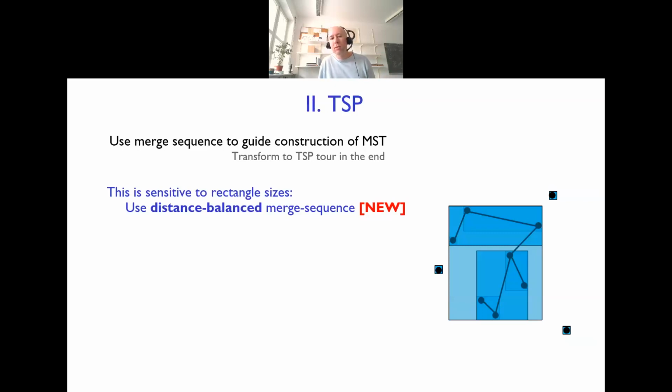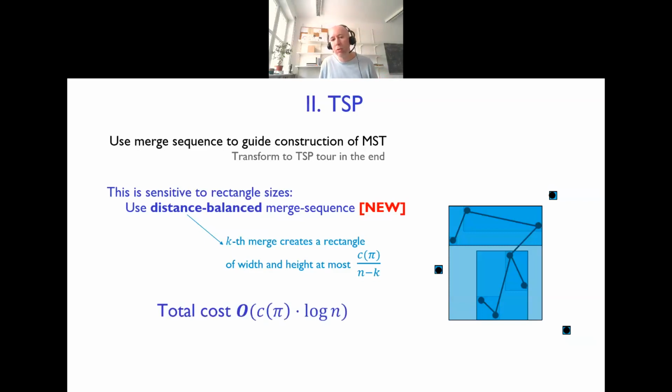So we have to modify this merge sequence, and we introduce a distance balanced merge sequence, which may be of independent interest, where we make sure that the kth created rectangle has about average height and width. So the width and height are this constant c of pi divided by n minus k. And then if we add up all these, we end up with a harmonic sum, so the total cost is order log n.